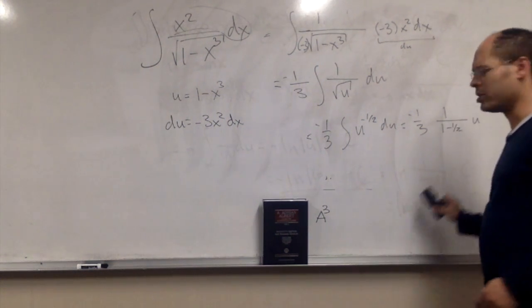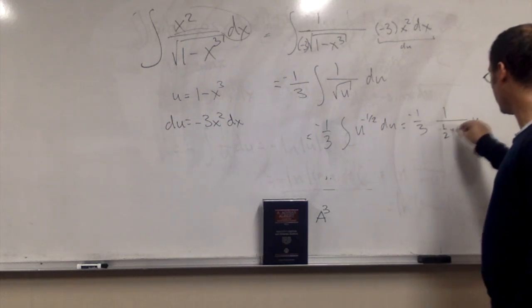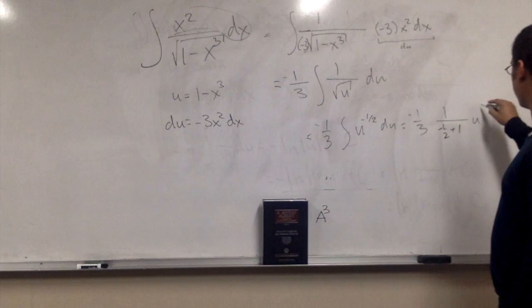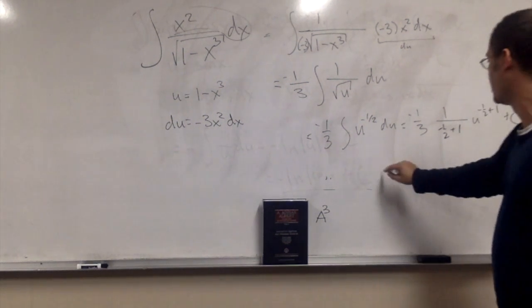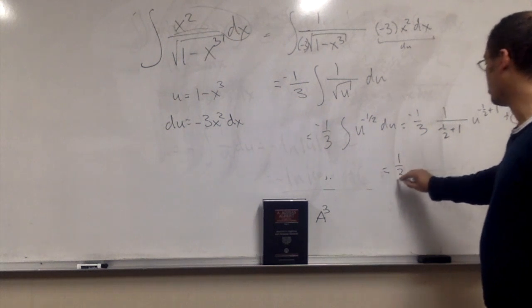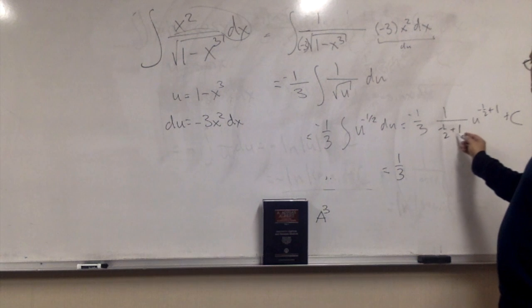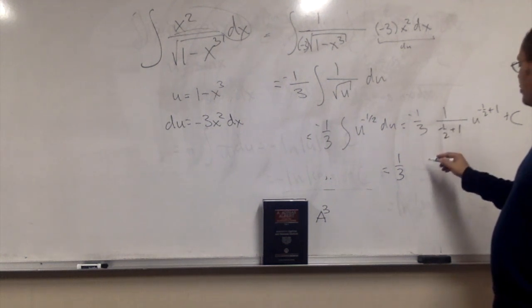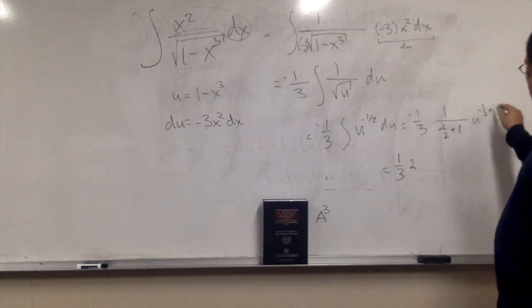It's kind of awkward to look at psychologically. Let me write this as minus a half plus 1. That's what it is, 1 more than that thing. Plus c. And just let me write this as normal people might write it. This is really 1 minus a half, which is a half. And you flip that over and that's a 2. And this is a half.